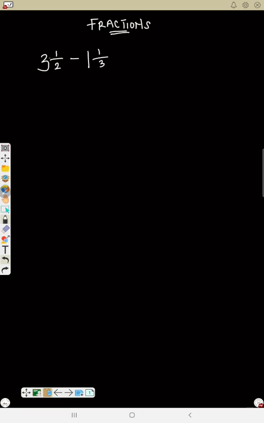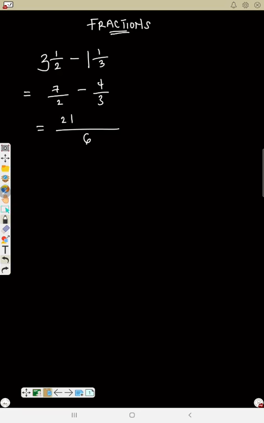So the first thing, change everything to improper fraction. 3 times 2 is 6, plus 1, 7 over 2, minus 1 times 3 is 3, plus 1, 4 over 3. Now what's the LCM? LCM is 6. 2 times 3 is 6. So now 2 in 6, that will be 3.